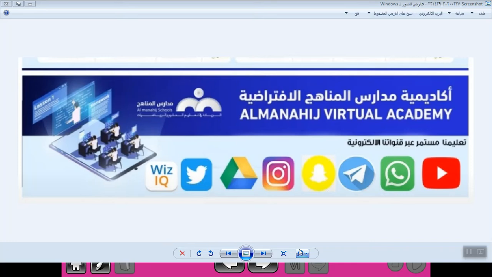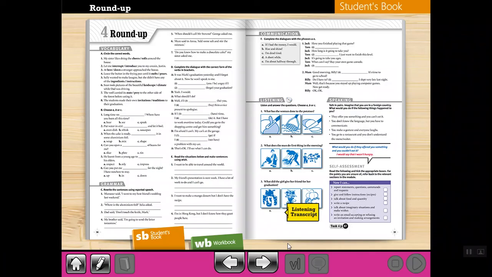اللغة الإنجليزية. Our lesson today is about Round Up 4. Your student book page 58. Okay?